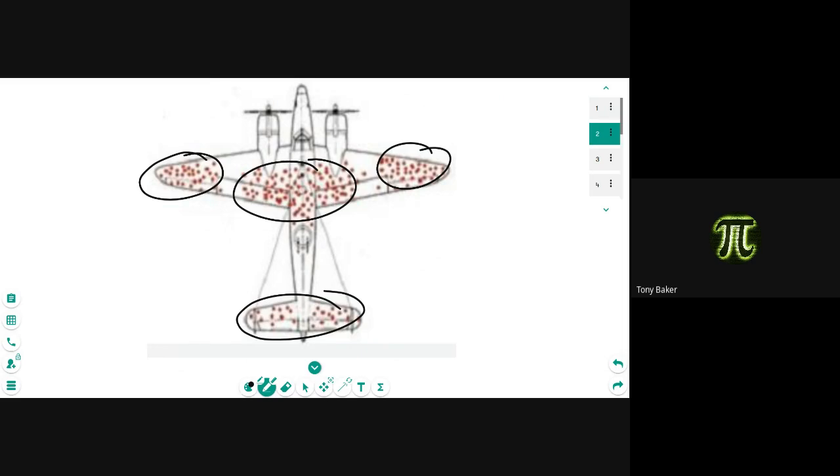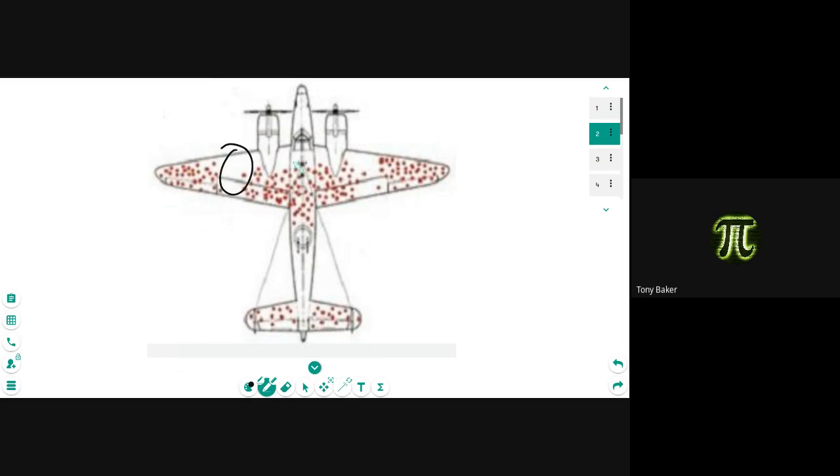This is a plane that came back and landed. Why? Right, because the planes that didn't come back were probably shot there. So if you think about it, these are the spots that weren't hit.